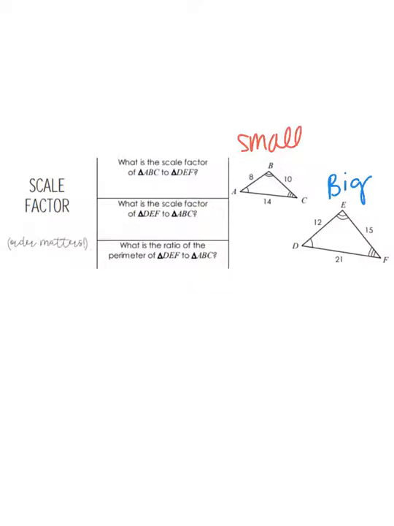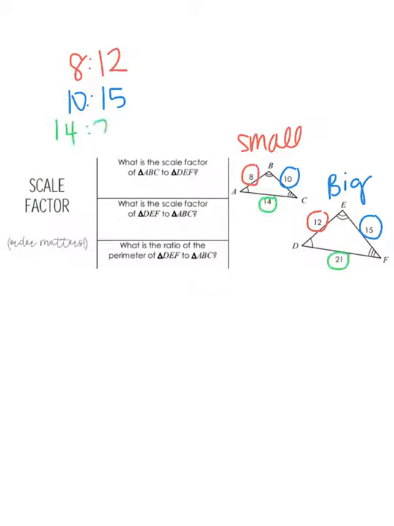So it would be 8, this side, to 12, those sides match up, and then 10, we could use 10 to 15, and then 14 to 21. Now, all three of these ratios should reduce to the same thing.